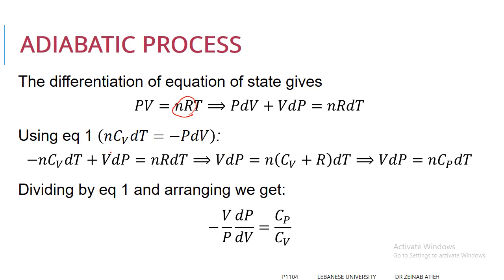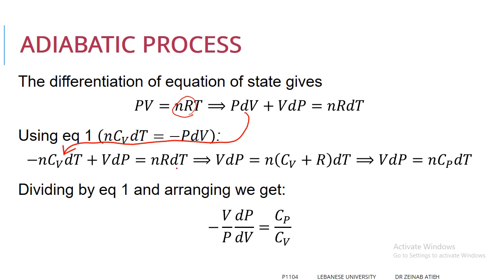I'm now going to use equation 1 that I have already derived. Using equation 1, I will substitute PdV with minus nCv dT, and I've left the rest as it is, so plus VdP plus nR dT.